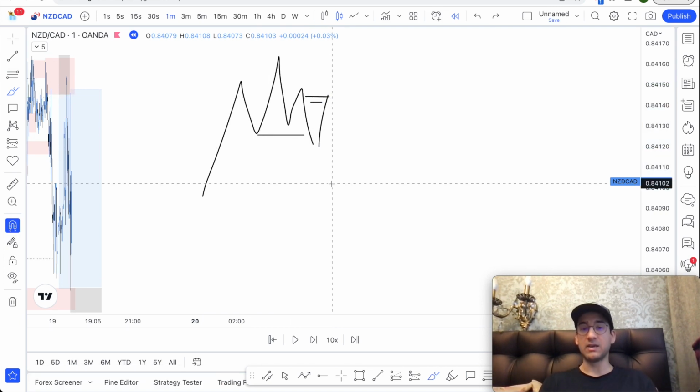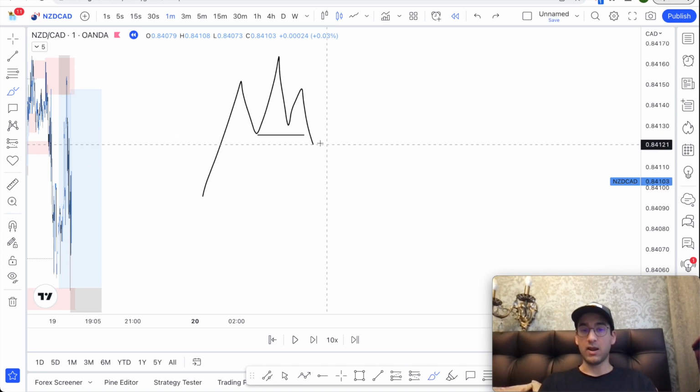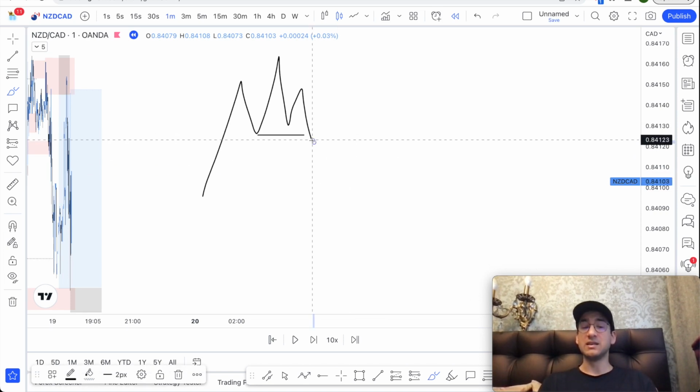We can't say that because we're not working off factual things. Even though it is factual that we know price will get there, we can't guarantee that price is going to get there and that we're going to strike right away. Instead, we have to anticipate.